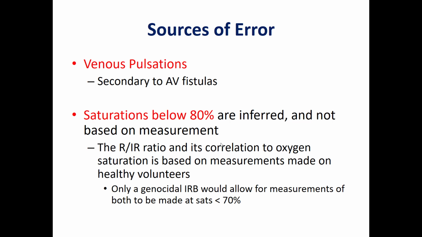Venous pulsation: we have a condition called AV fistula, where we make a shunt between the artery and the veins for dialysis patients. This leads to pulsation on the venous side, and as a result a misreading and an error in the reading of the pulse oximeter. A saturation below 80%, as we said before, will also be a bigger problem, because it will impact the R to R, the red to infrared ratio.